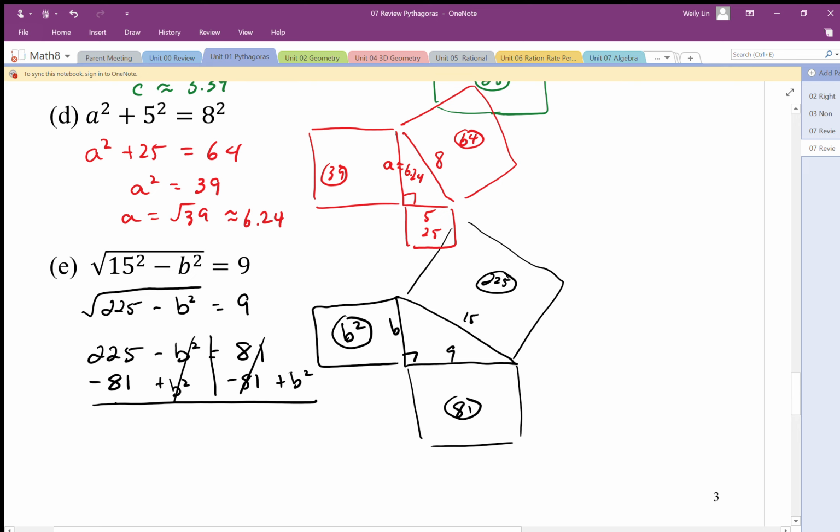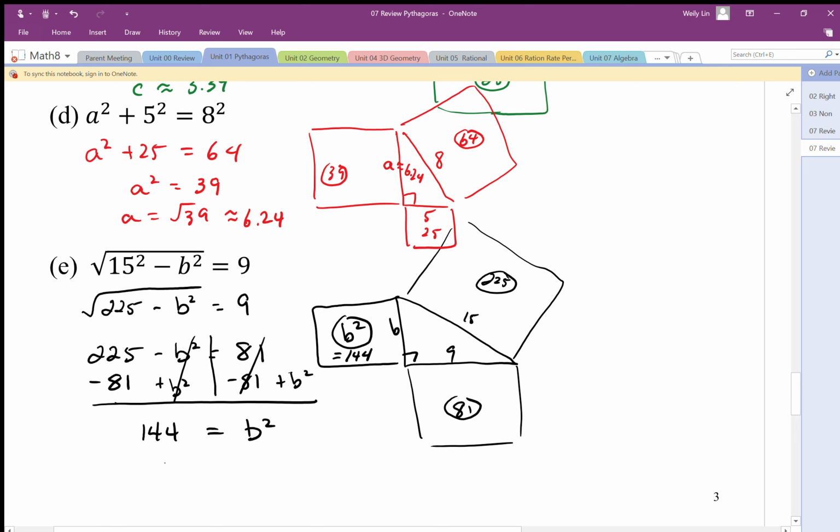Notice I'm doing all my calculations vertically, not sideways. So I did 225 minus 81. That gives me 144, and that's equal to B squared. That's what I should see here. Notice that if I were to do the calculation in the diagram, B squared is 144.